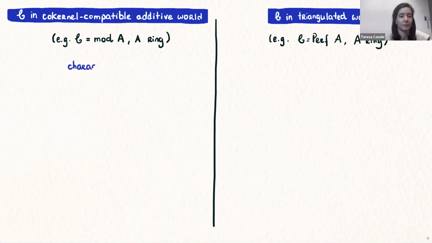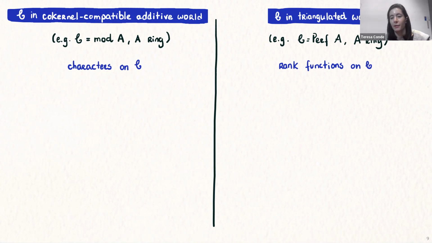Now, on the cokernel compatible additive side, we have the notion of a character, and the counterpart on the triangulated world should be that of a rank function on C. And looking at characters, as far as I know, there are essentially two well-established ways to study them.